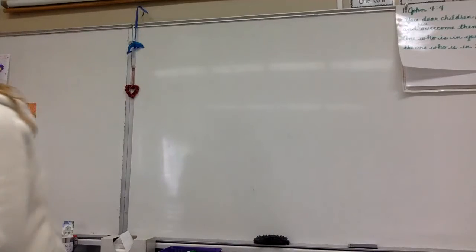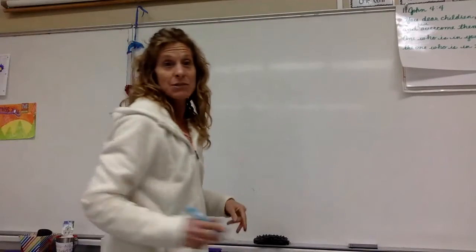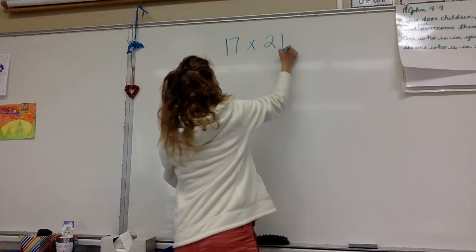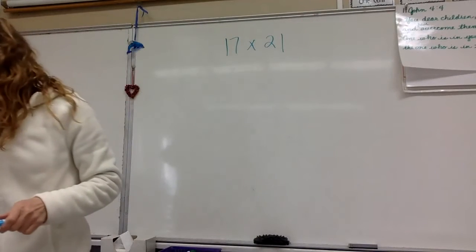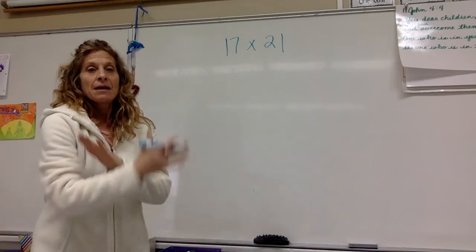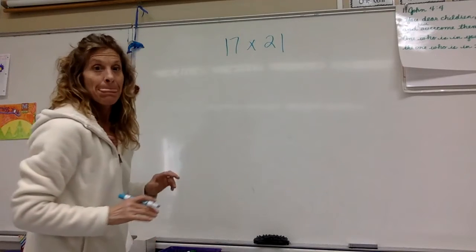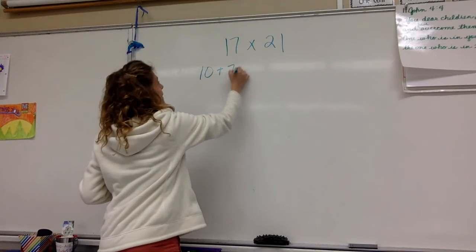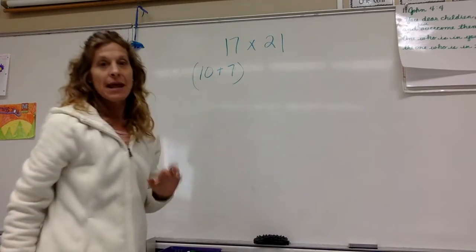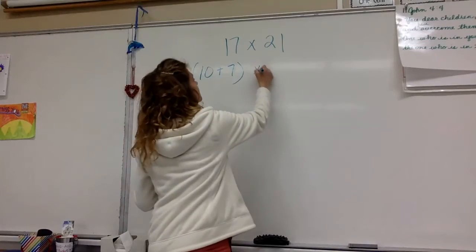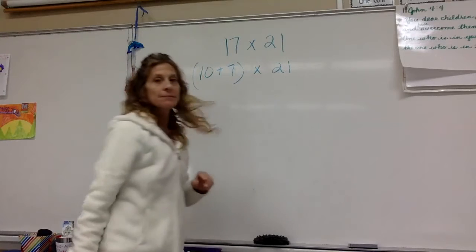What have we got? 17 times 21. Okay? They're using the 17. They're breaking it down. So this now becomes 10 plus 7, and we're keeping the rest of the problem the same, times 21. Okay?